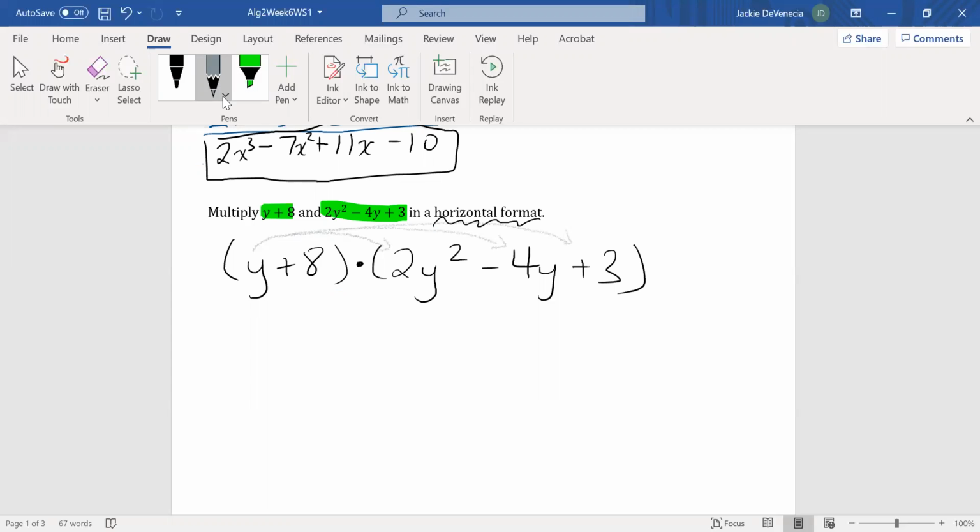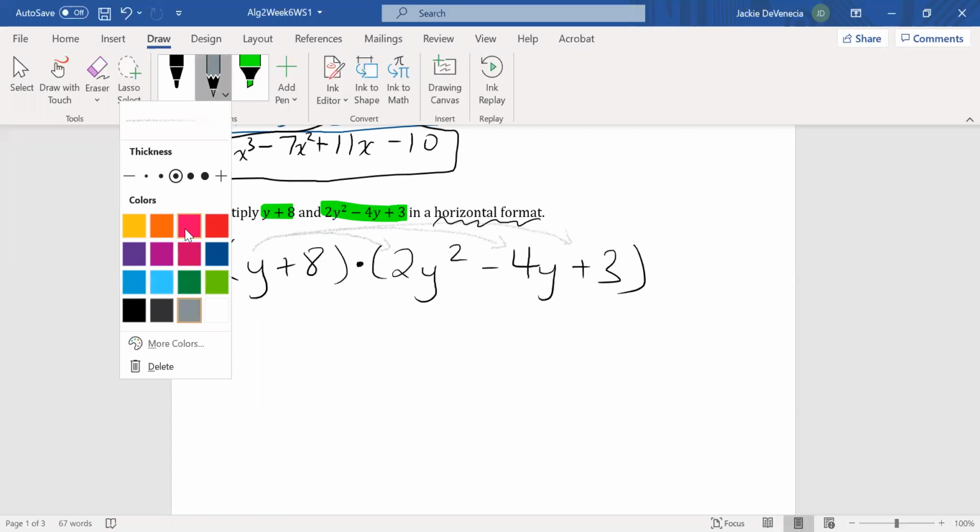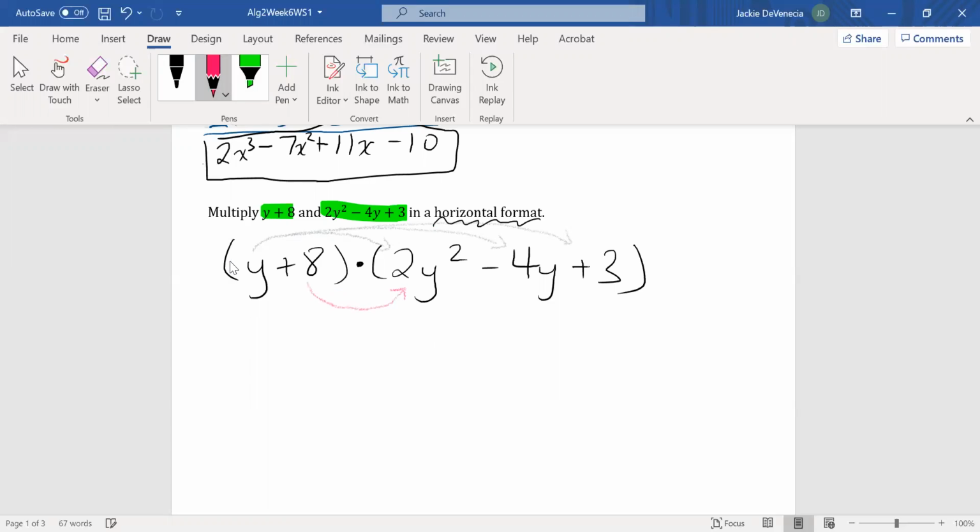This +8, that also needs to be multiplied to all the terms of the polynomial.